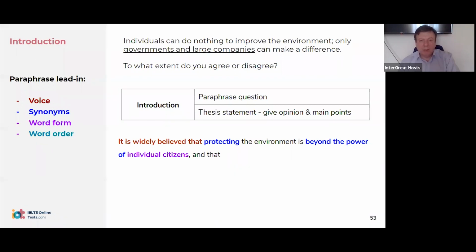So what about word order? I would just say people rather than human beings. Yeah, large organizations. Good.